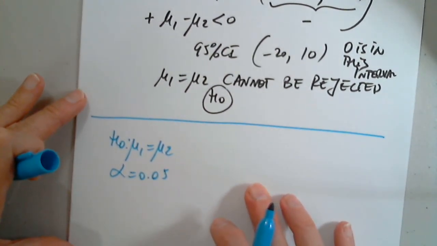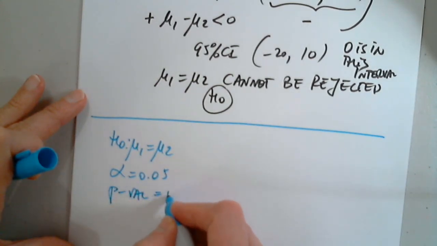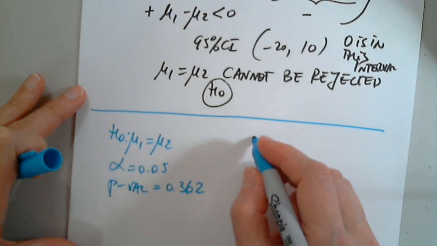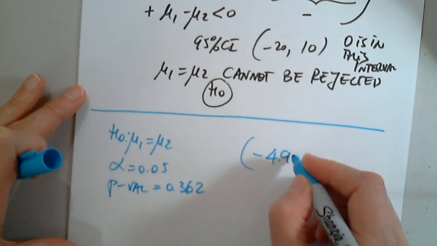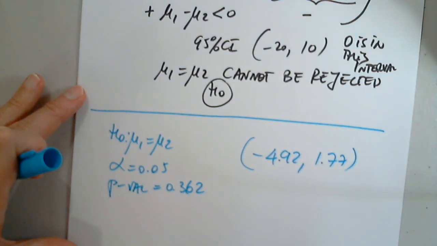The p, I'm assuming, is the p-value, 0.362. And the confidence interval is negative 4.92, 1.77. Then for this two-tailed hypothesis test, based upon the given p-value.